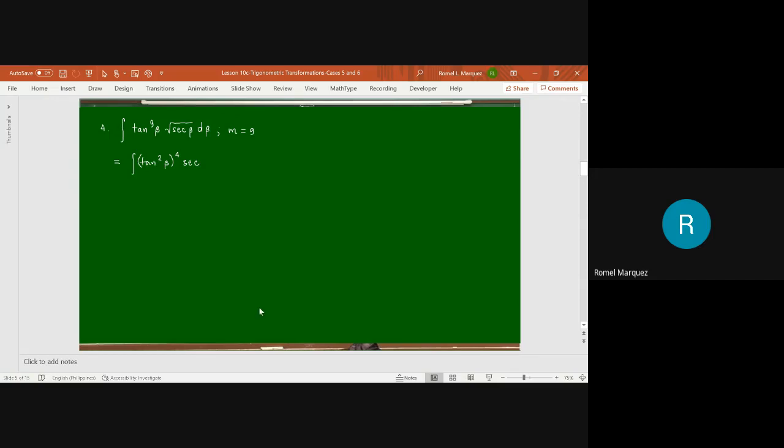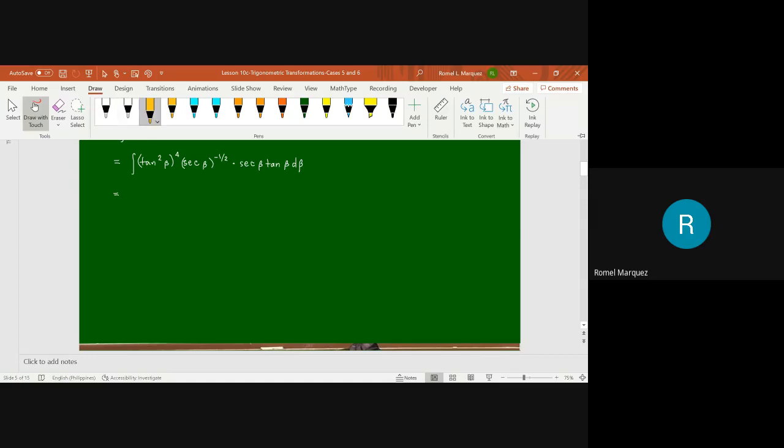If I get 1 from here, that is secant to the negative 1/2, because I got from it 1 secant, so that is secant to the first of beta, then 1 tangent from tangent to the 9. Okay, guys? So this is what we're going to transform.